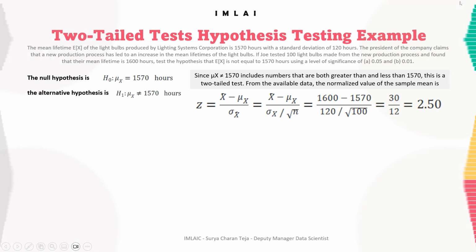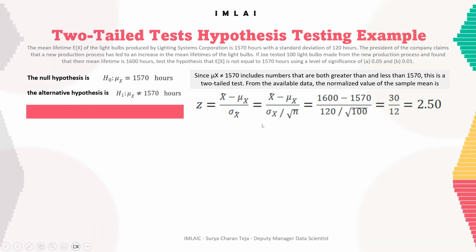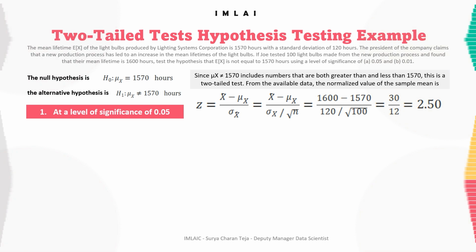Now, the first question is: if the level of significance is 0.05, what is going to happen? Let's begin with that. At a level of significance 0.05, as it is a two-tailed test, the critical z-score values are left of minus 1.96 and right of plus 1.96, with the acceptance region between them.